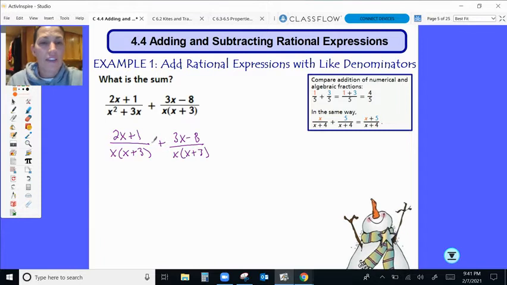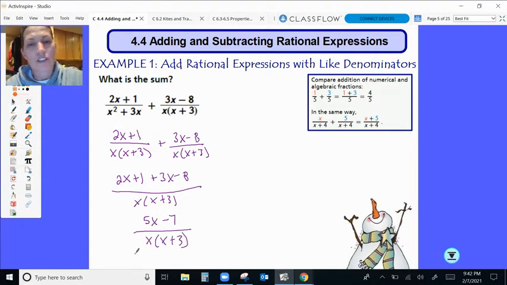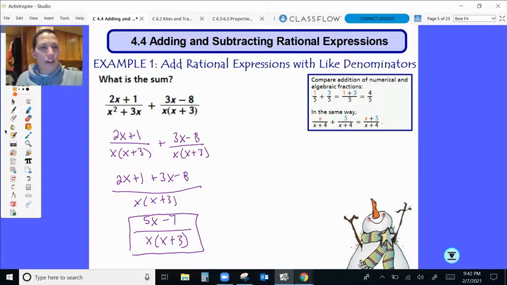We can add those together, adding just the top, so 2x plus 1 plus 3x minus 8 over our common denominator, x times x plus 3. And we just combine our like terms. 2x plus 3x gives us 5x. 1 minus 8 gives me minus 7, over our common denominator, x times x plus 3. And we are finished.